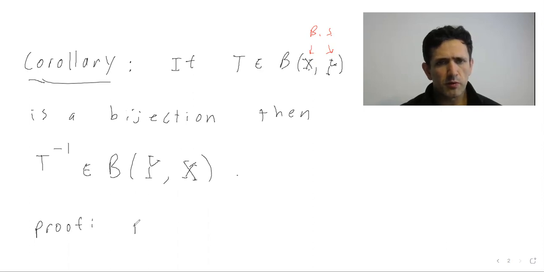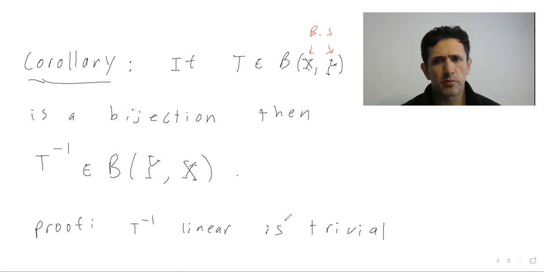So what's the proof? Well, you probably proved this in advanced linear algebra, that if you have a bijection between two linear spaces, the inverse is also linear. Nothing to that.